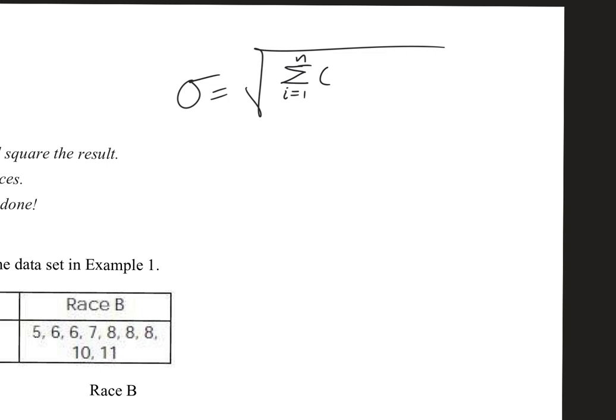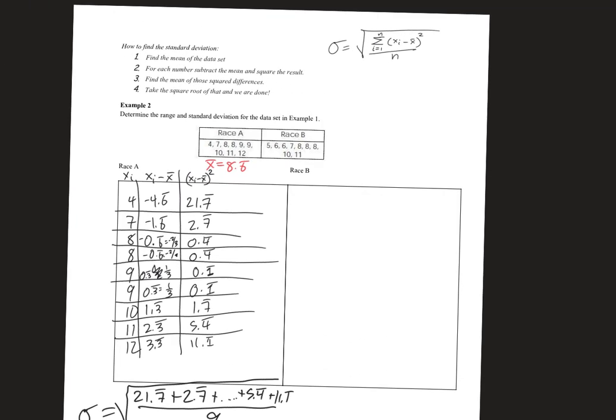What we're going to add up is each term minus the mean, squared. But then remember, we're adding that all up and dividing by the number of terms. So this just means you do this as many times as you have terms, like we did over here. So essentially, this whole sum part right here is what I did all down here.